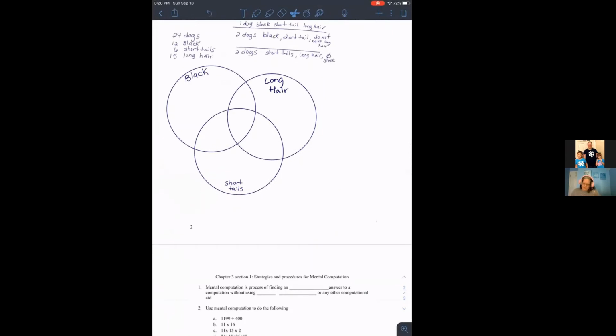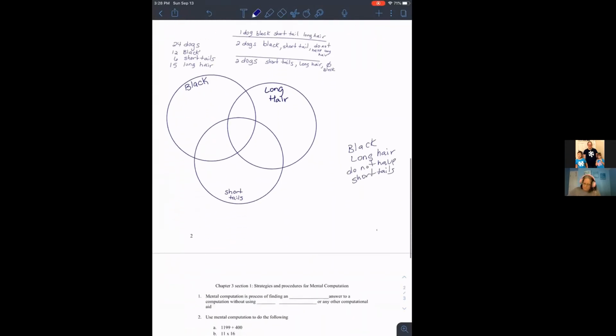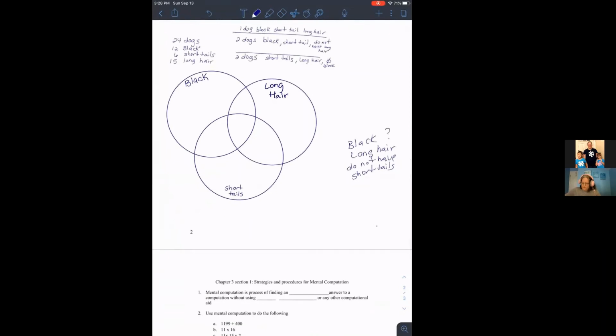Okay, so we're trying to see what overlaps with what, and the question is asking how many dogs are black with long hair but do not have short tails. So that's what we're trying to answer right there.